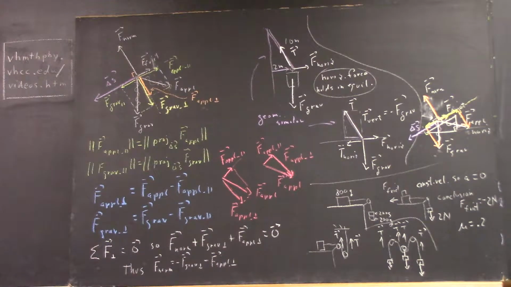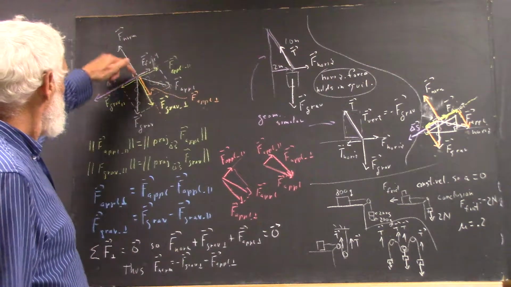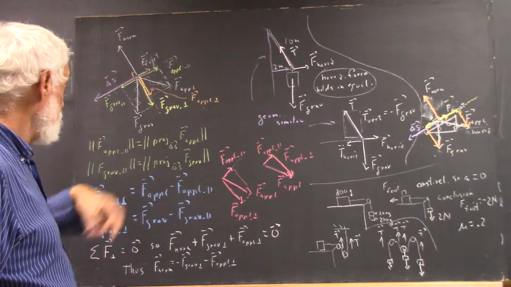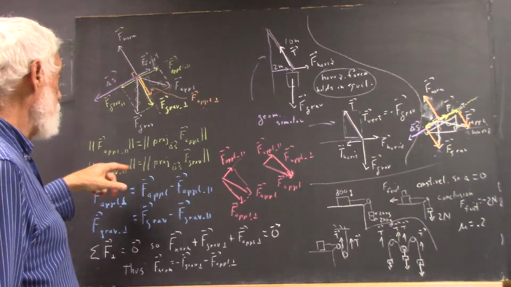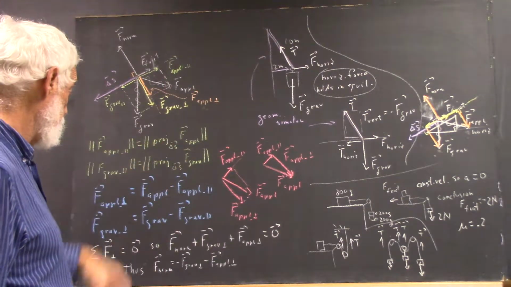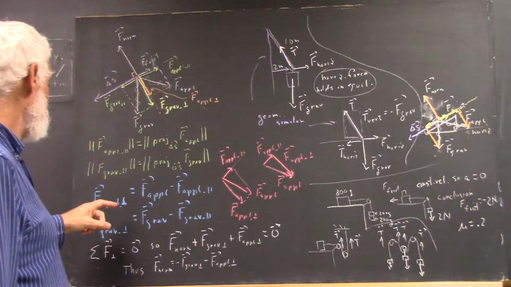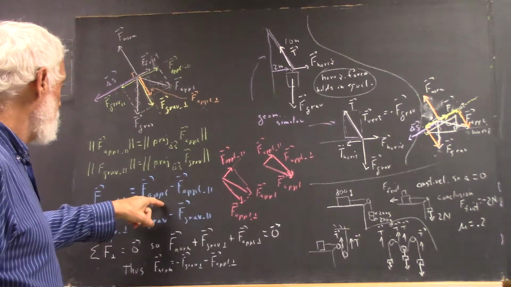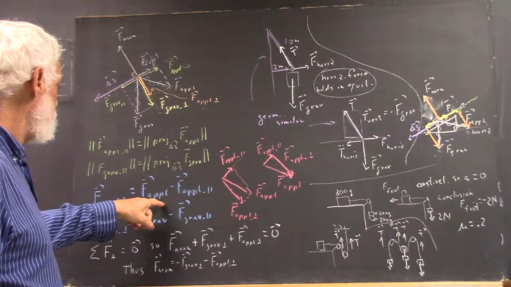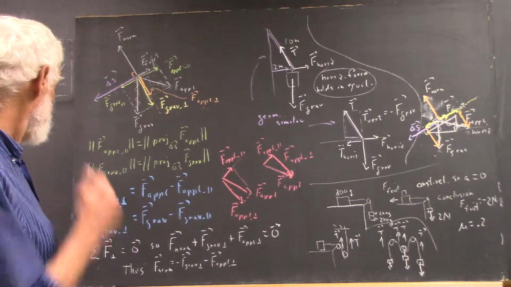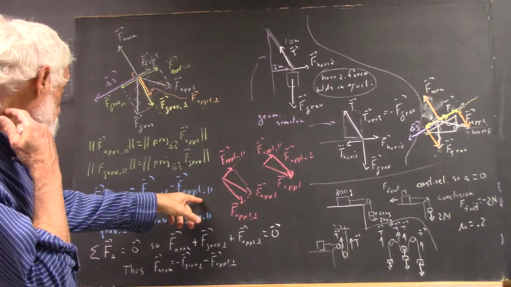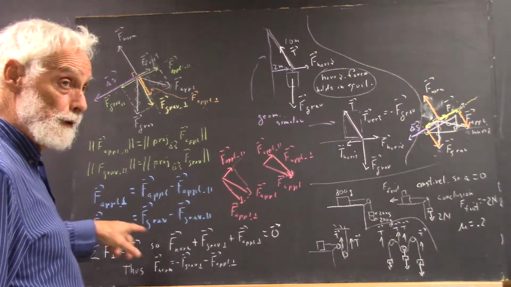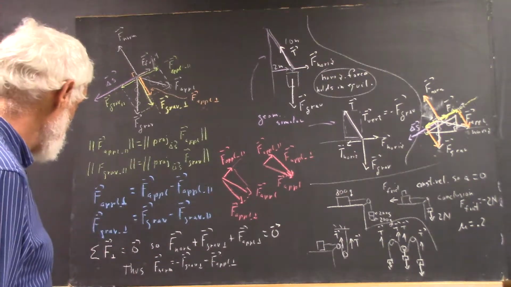So anyhow, summary here: your F applied parallel is the projection of F applied onto delta S, and your F grav parallel is the projection of F grav on delta S. Then if you subtract the parallel projection from your applied vector, you get the perpendicular component of the applied vector, and so forth.